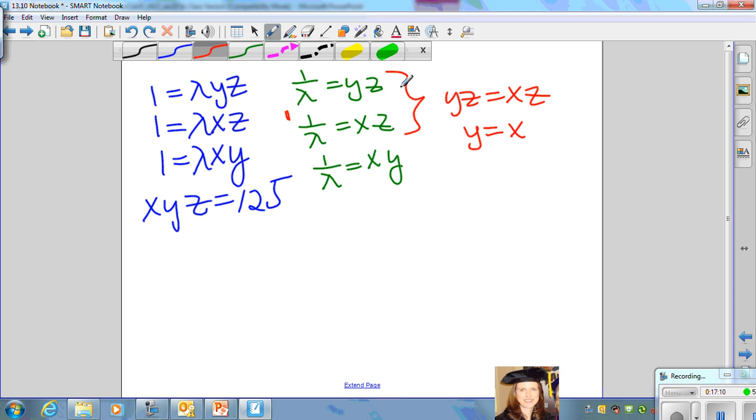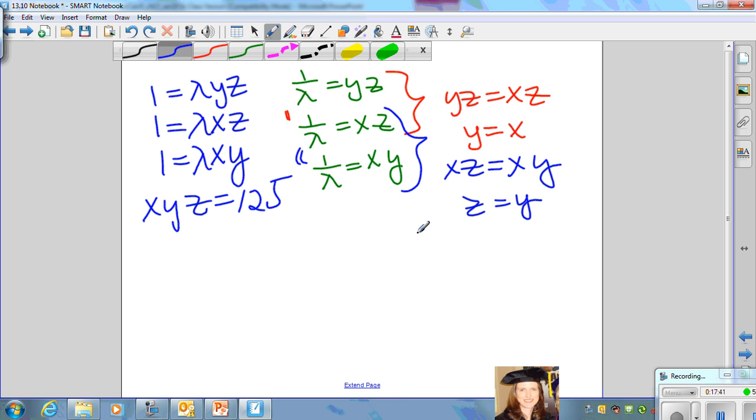By combining the second and the third equation, if this 1 over lambda is equal to this 1 over lambda, then this x times z has to equal this x times y. If you divide both of these by x, you'll see that z has to equal y. So if x equals y and y equals z, then x, y, and z must all be the same value.